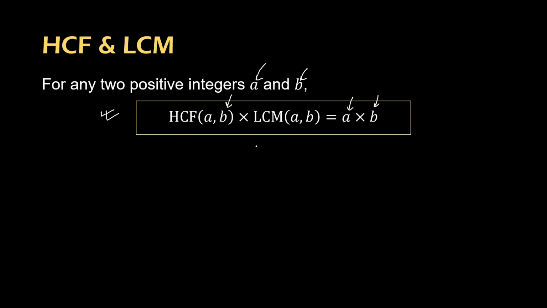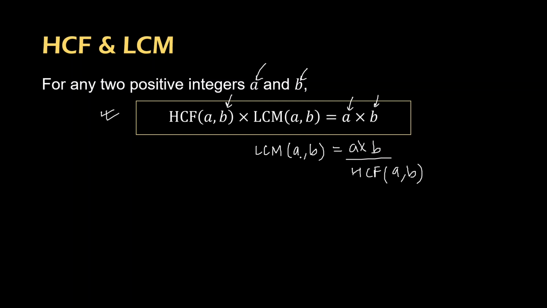So to find the LCM, we can keep the LCM as it is here and take the HCF on the other side. So this will be A into B upon HCF of A comma B.